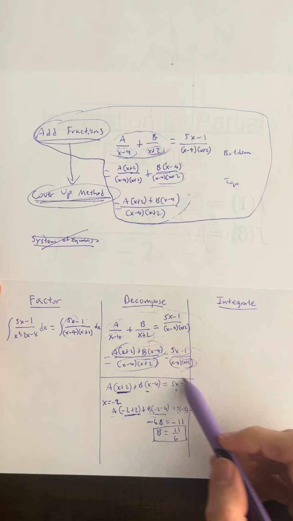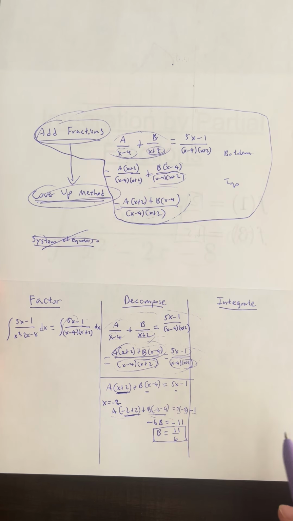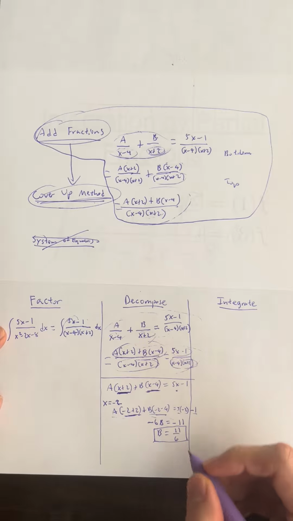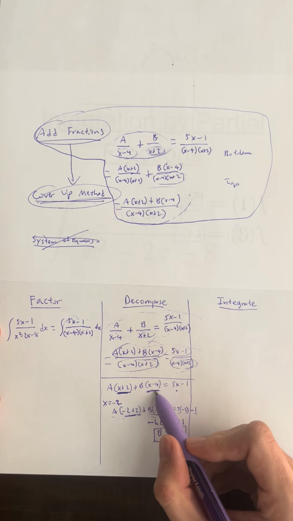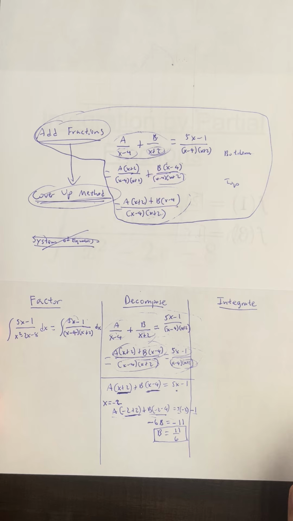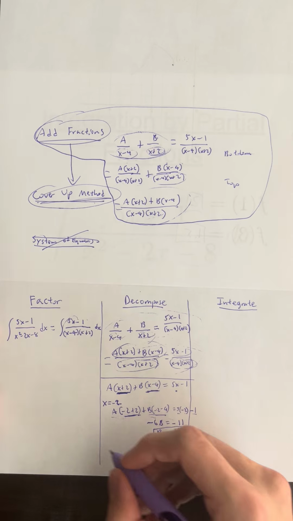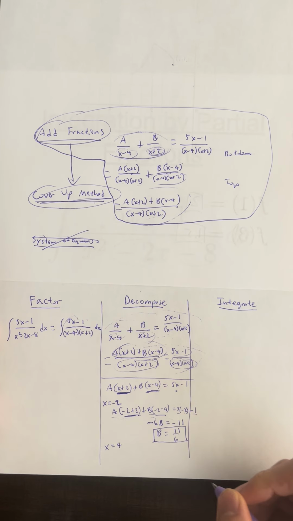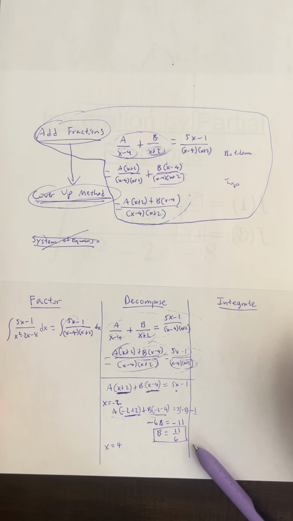What should we turn to 0 in this equation to figure out A? We should turn this into 0. So if this is 0, what does x have to be? X has to be equal to 4. I'll give you a second to pause the video and figure out what A is on your own.